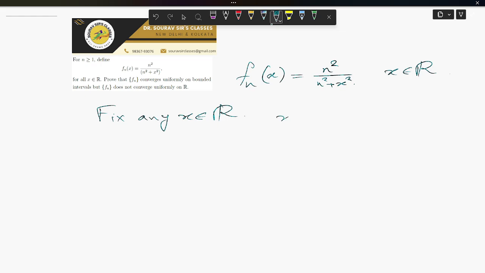Now for x equals 0, our f_n(0) is equal to n square upon n square plus 0 square. That will be n square by n square, which is equal to 1. And now for x not equal to 0, what can we do?